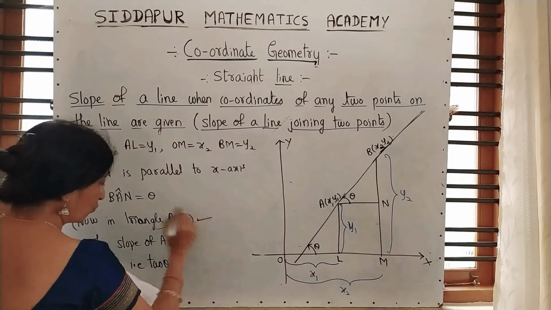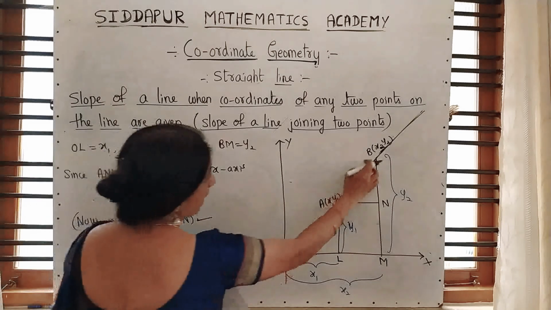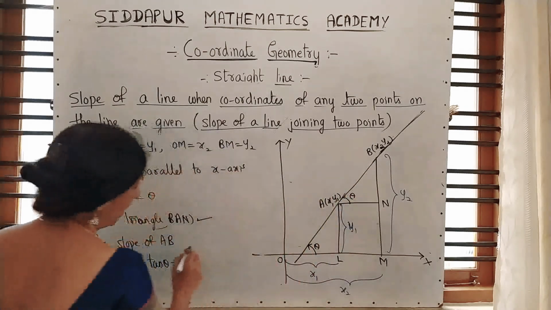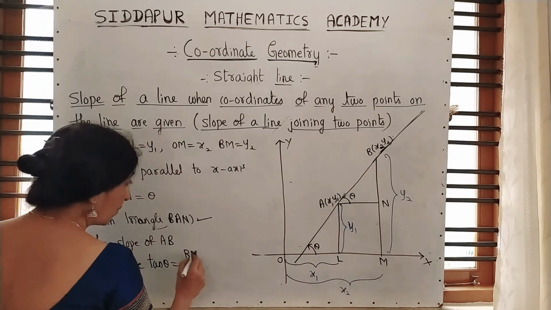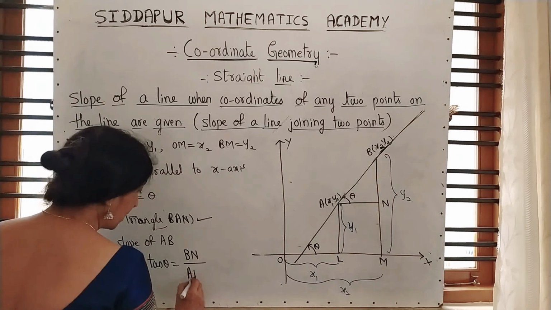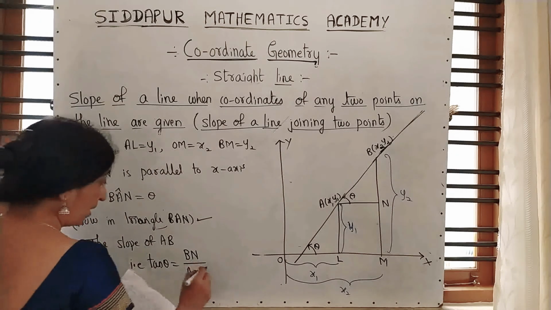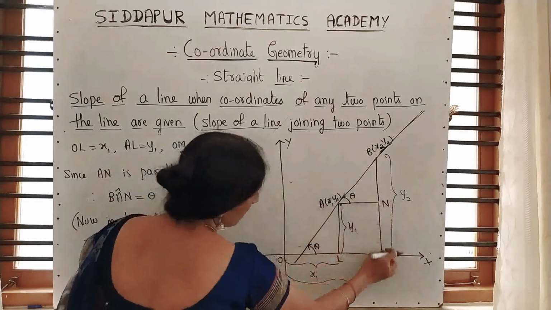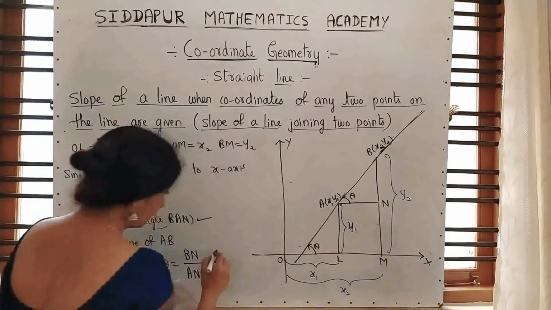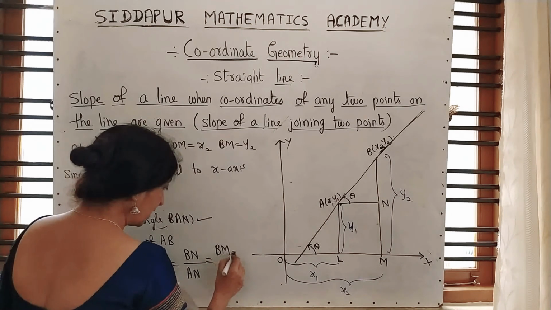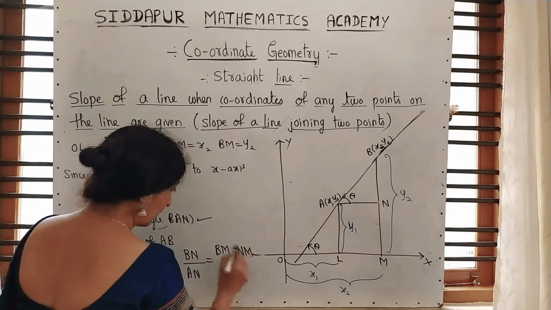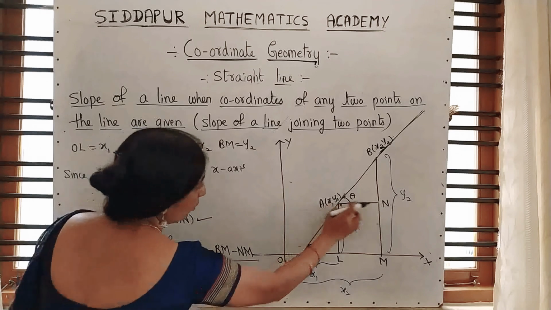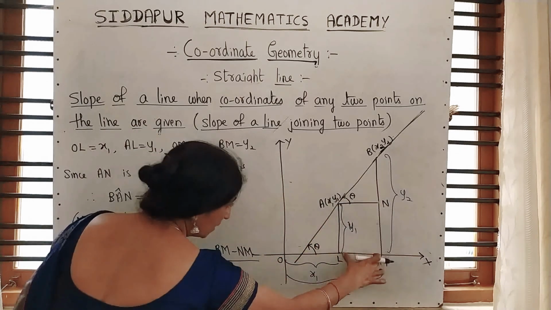Understood? In BAN, how do you define tan theta? Tan is opposite upon adjacent. BN upon AN. How do you split? Is it possible to split BN? Yes. BM minus NM, divided by, what about AN? See the figure. AN is nothing but LM.